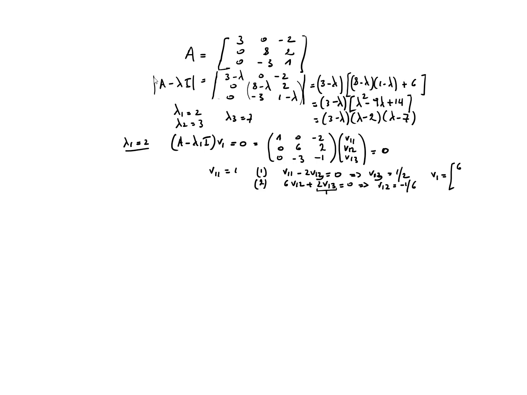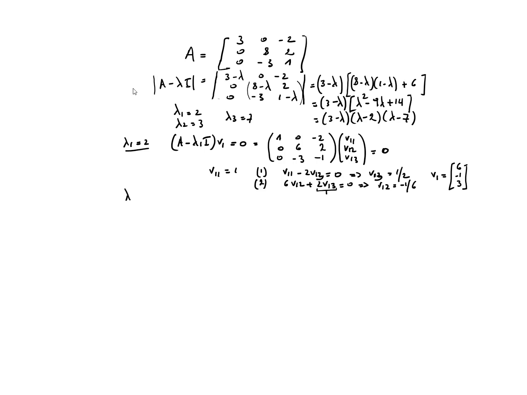This leaves me with a 6 over here, a minus 1 over here, and a 3 over here. We remember that if v1 is an eigenvector, then k times v1 is also an eigenvector. So we've taken k equal to 6 over here.